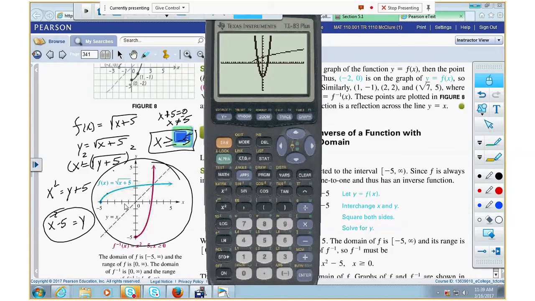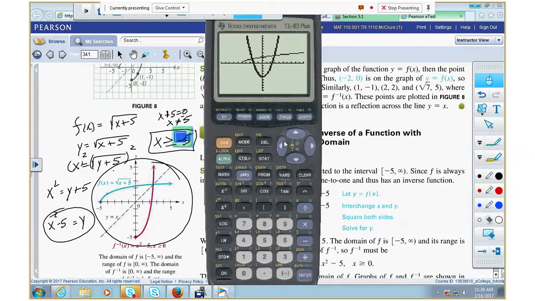It's easier to see here because they've got it. They don't have the graduations. So what you need to do is go to Window and maybe set it to negative 10 and positive 10. That shows it a little bit better.